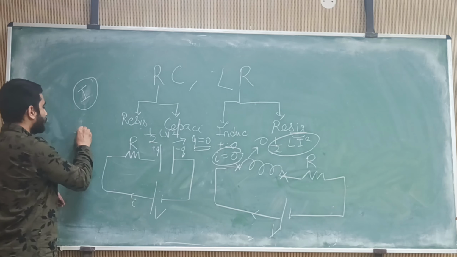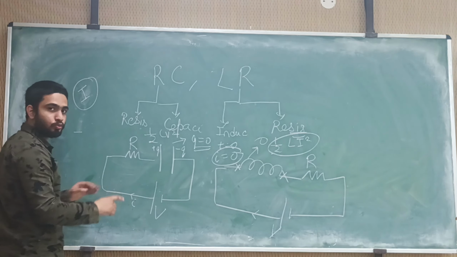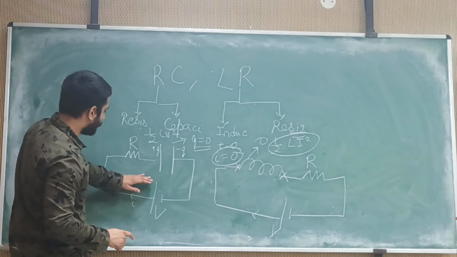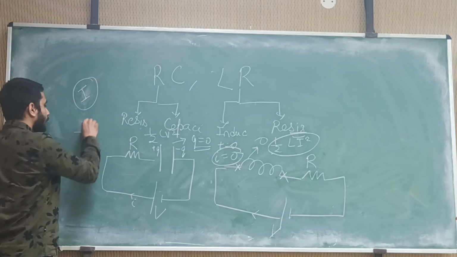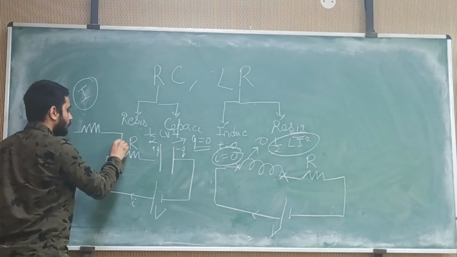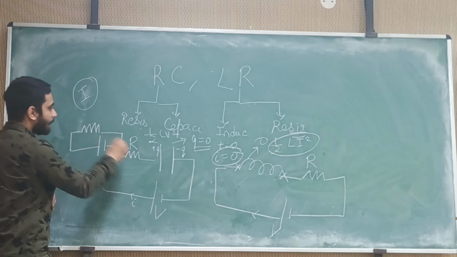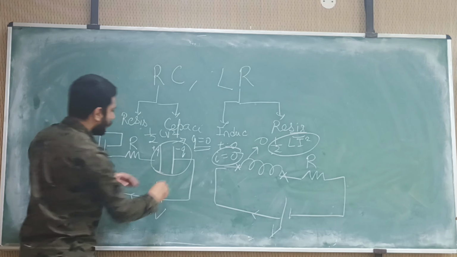So at time t equals 0, how can we draw this figure? We can replace the capacitor by a simple wire.